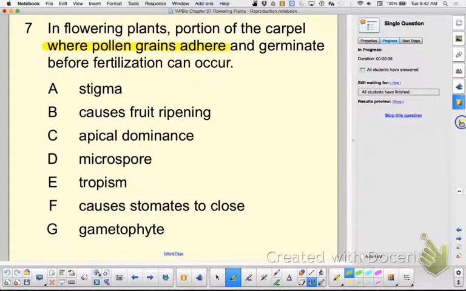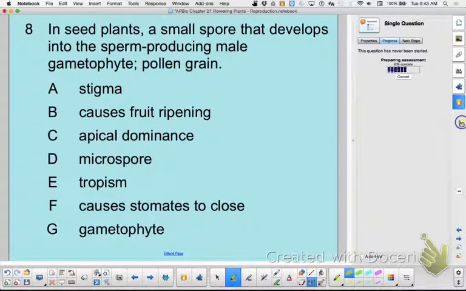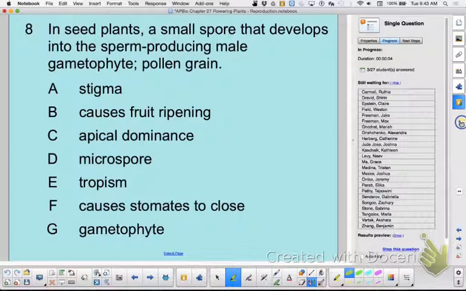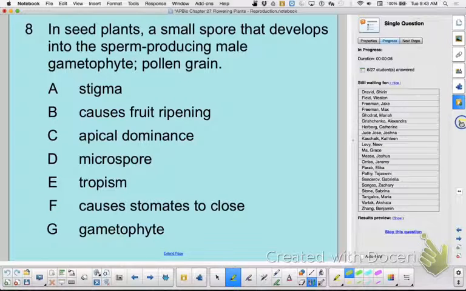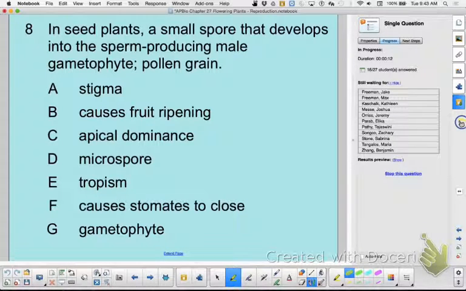What is it? A, stigma. Sticky stigma. Oh, yo, we're balling. Yo, I hope there's another one. Here we go now.